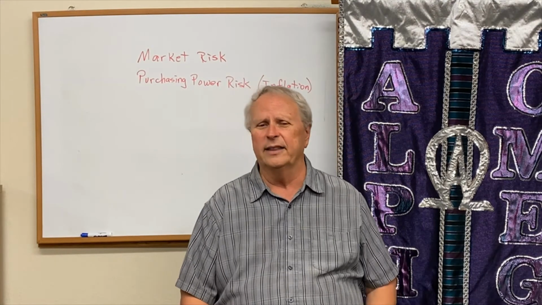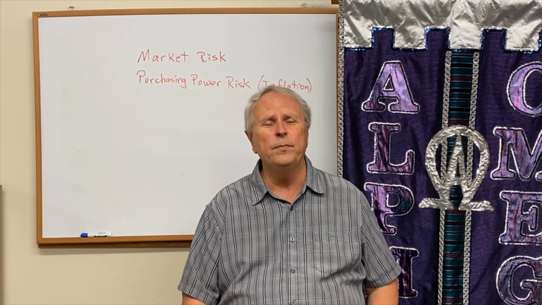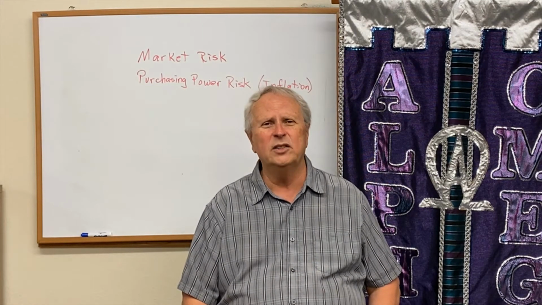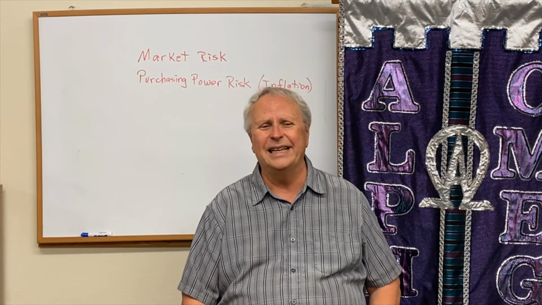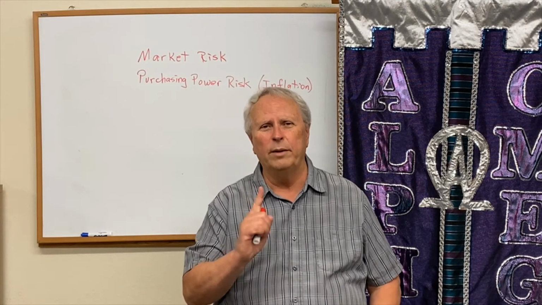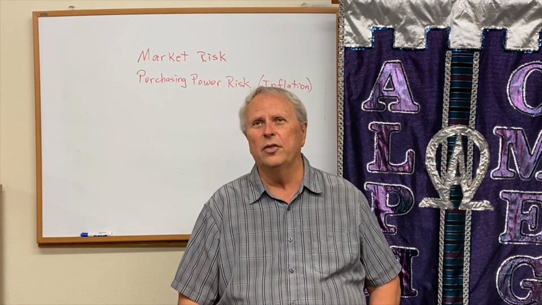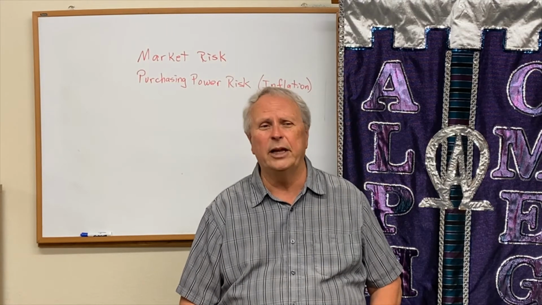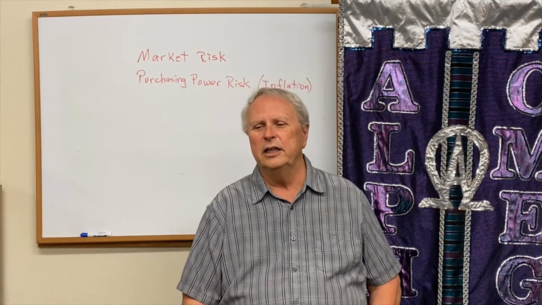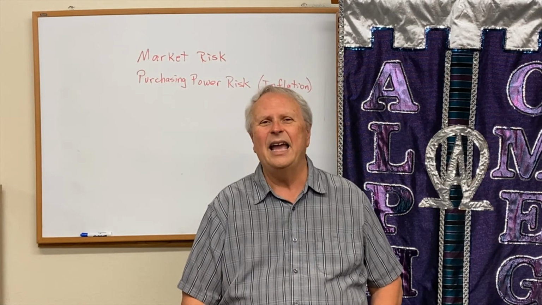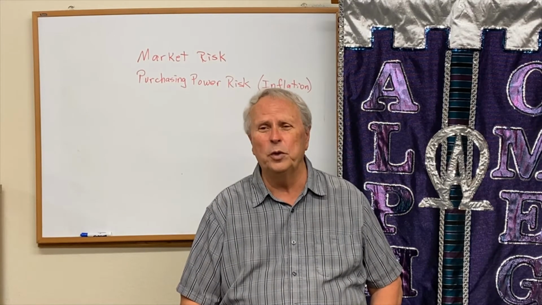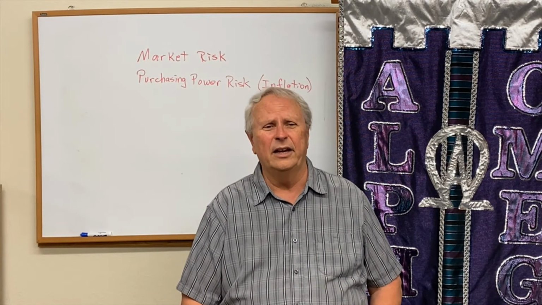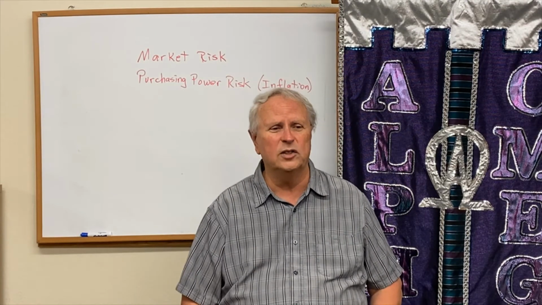Now, at the time that I'm making this video, interest rates in the banks and the savings and loans are less than 1%. The interest rate in a savings account at my own credit union is less than 0.5%.